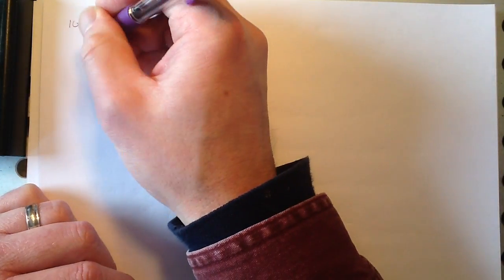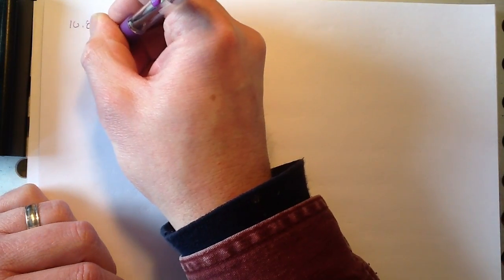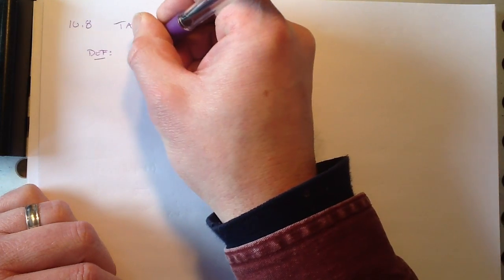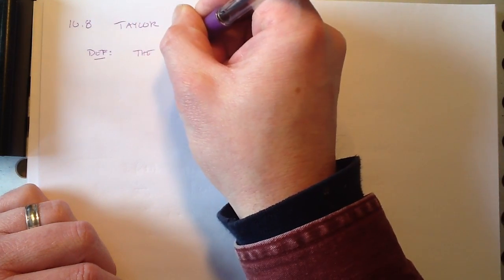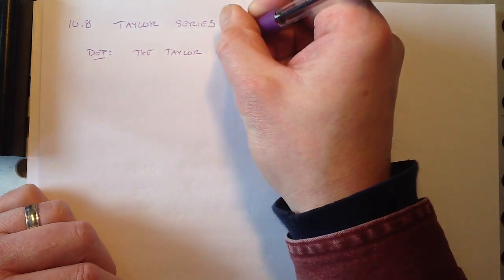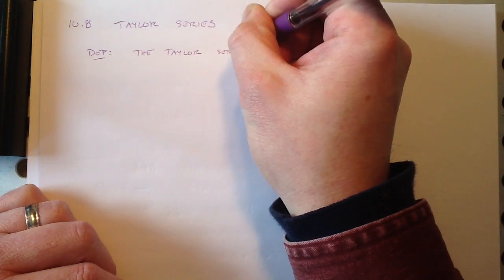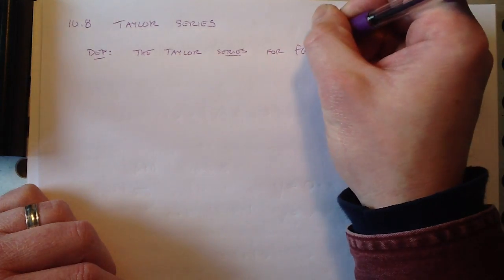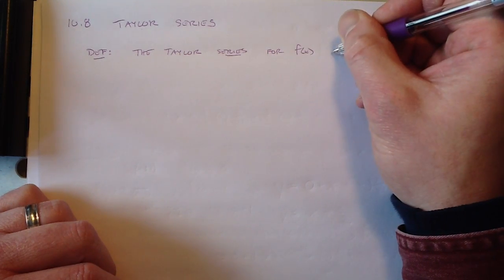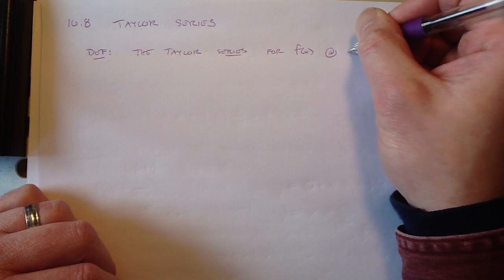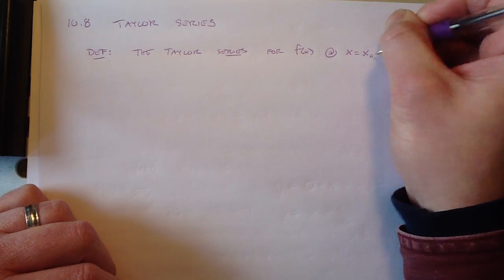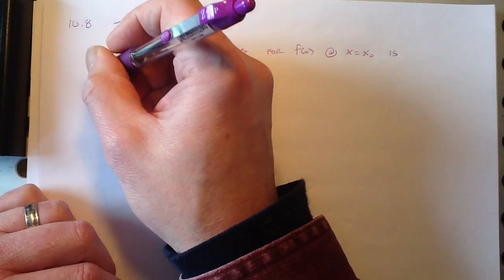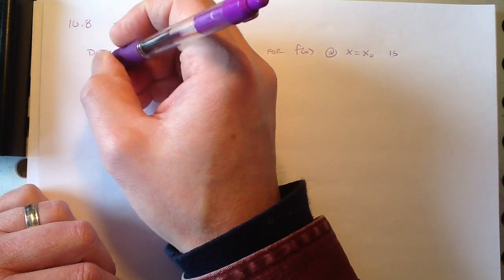So, here's the definition. The Taylor series for f of x at x equals x sub 0 is given by, let's see, what do we have?